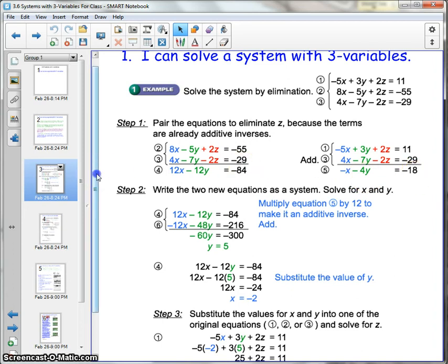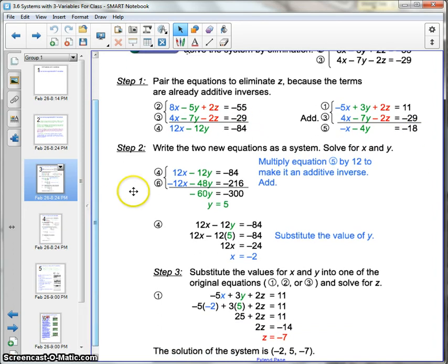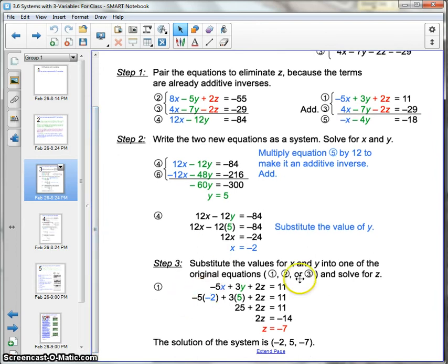Then in step 2, you rewrite the two new equations, 4 and 5, and solve for y and x. We pair those up, use elimination, and find that y is equal to 5. Then we take our value for y and plug it back into one of the equations to find our value for x. Then in step 3, we substitute the values for x and y into one of the original equations.